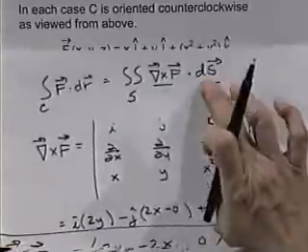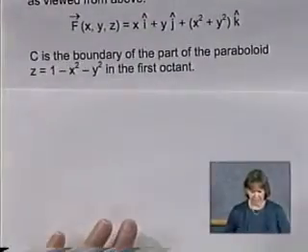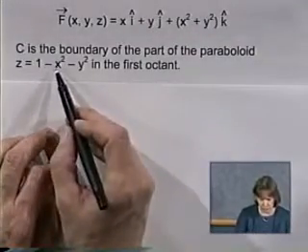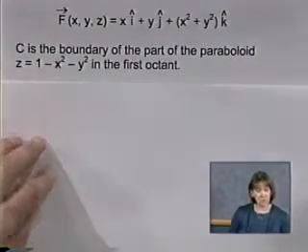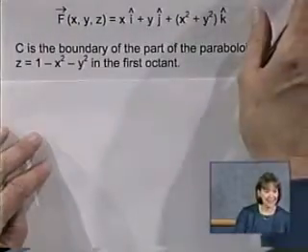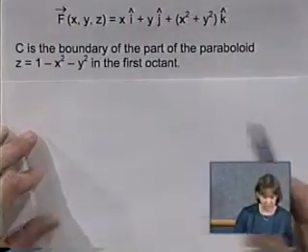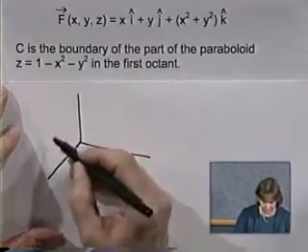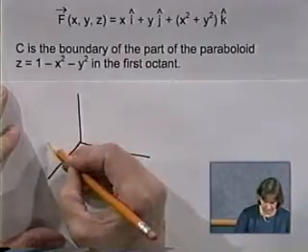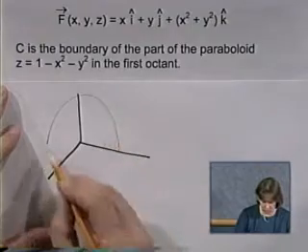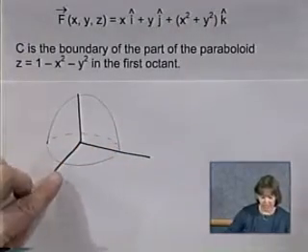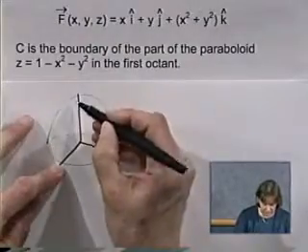Now we have to get our ds yet, so I didn't even look to see what C is. C is the boundary of the part of the paraboloid z equals 1 minus x squared minus y squared in the first octant. Okay, so we normally have a paraboloid that comes down like this, and you've got your little circle here, but they're only taking the part of the paraboloid that's in the first octant.